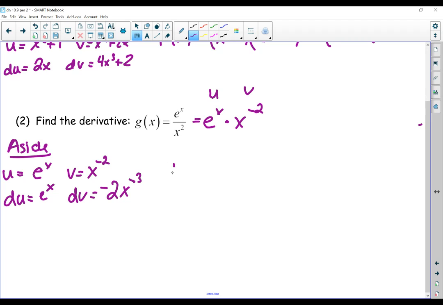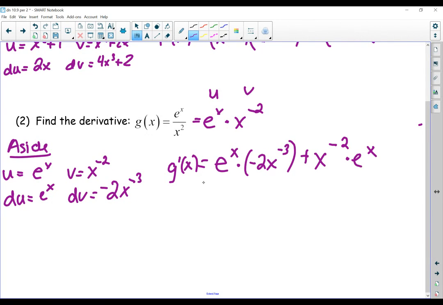And then we're just going to say g prime of x, the derivative, is u times dv plus v times du, which if I wanted to kind of clean this up, it'd be negative 2e to the x over x cubed plus e to the x over x squared.